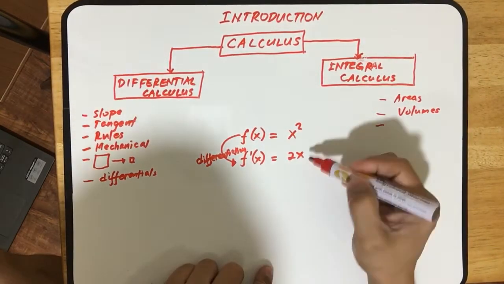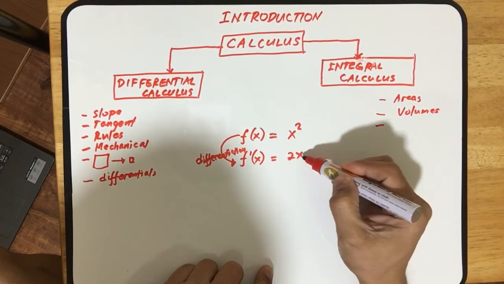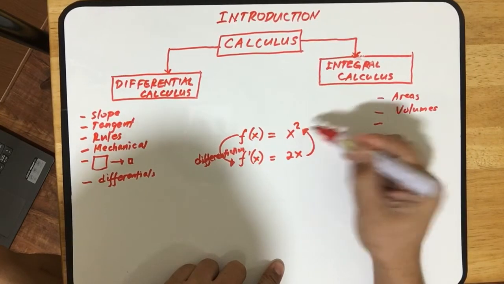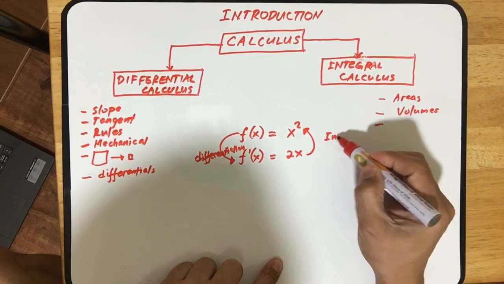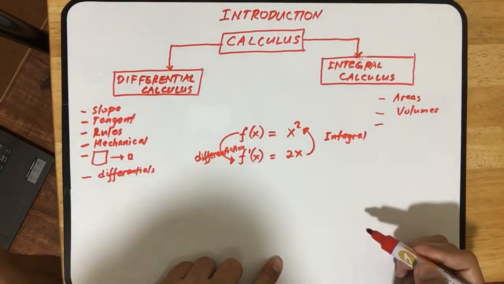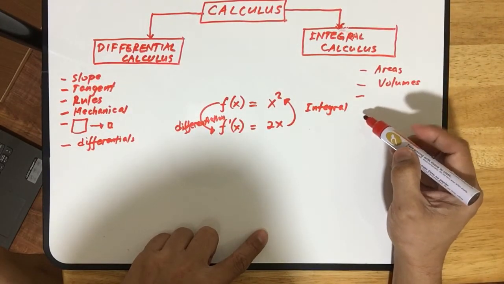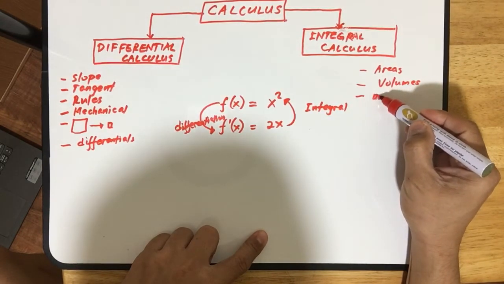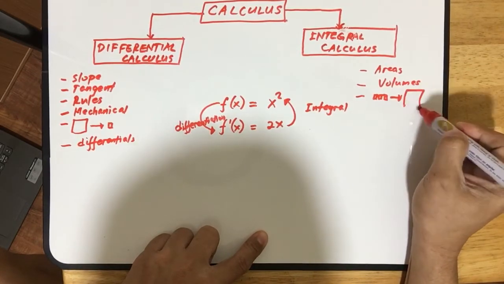Now, to get back to this function from this 2x to x squared, the process here is what we call integration, or the integral. So this is from small things, a lot of small things, to get the big thing.